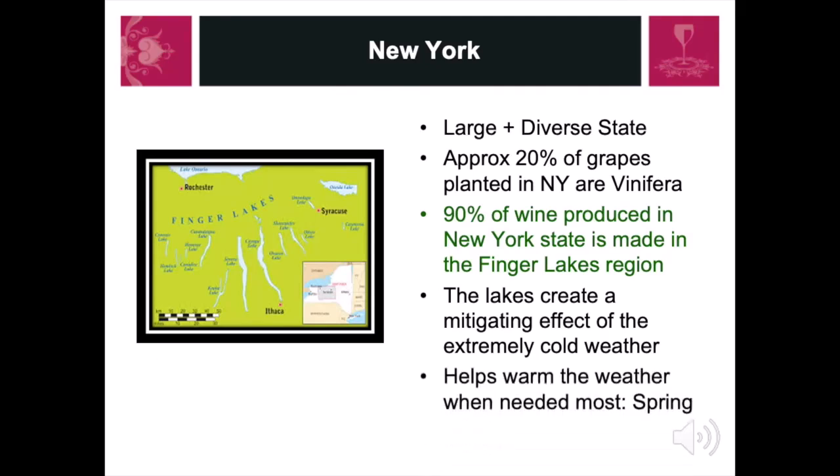So you can see that the lakes can help warm the weather in the spring when it's needed the most, right? Drawing in cold air and molecules, in other words, really protecting the bud break and the emergence of dormant vines. So that's a huge part of the terroir of the Finger Lakes.